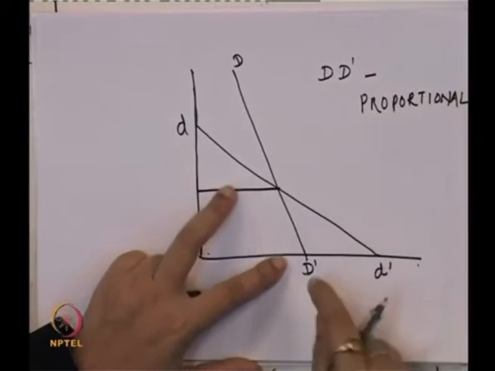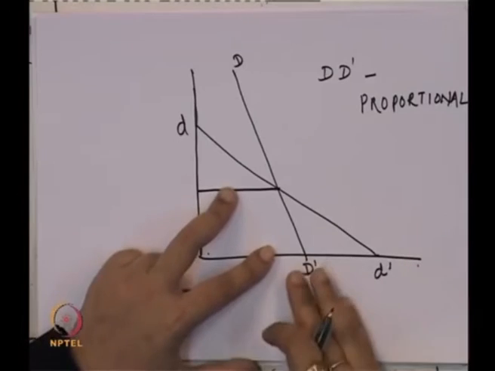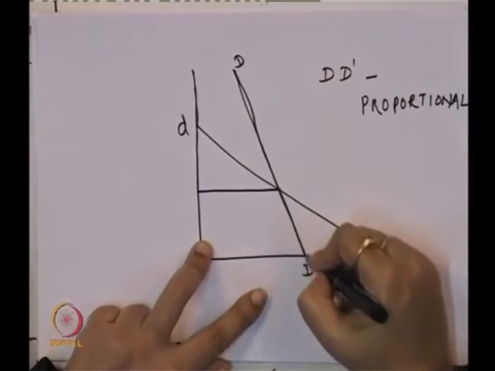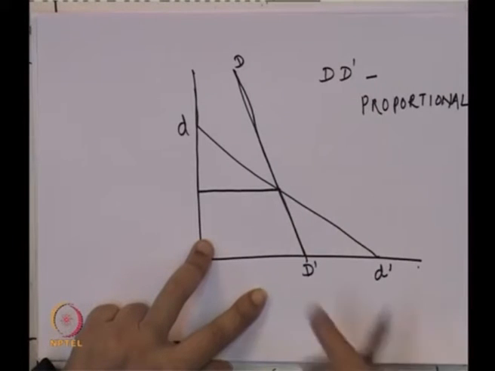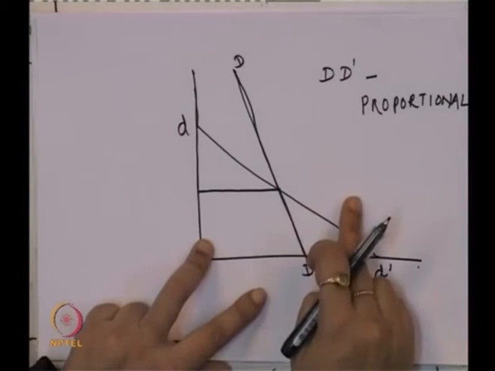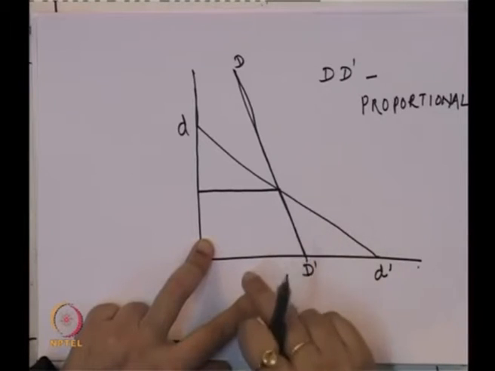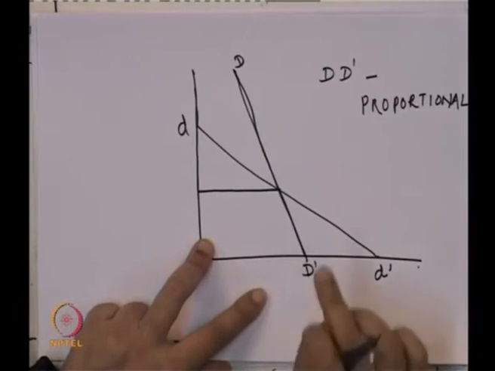And why is this known as the proportional demand curve? Because when one firm changes the price, other firms also change the price, and that is the reason you will find this demand curve is inelastic. The response of quantity demanded is generally less to the change in the price.